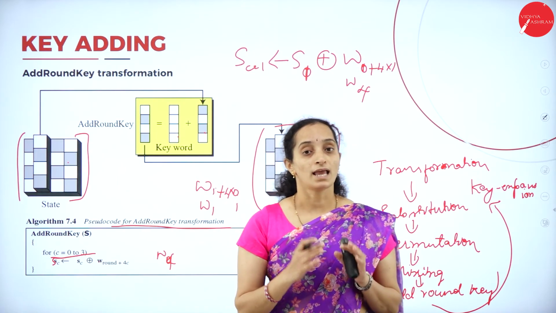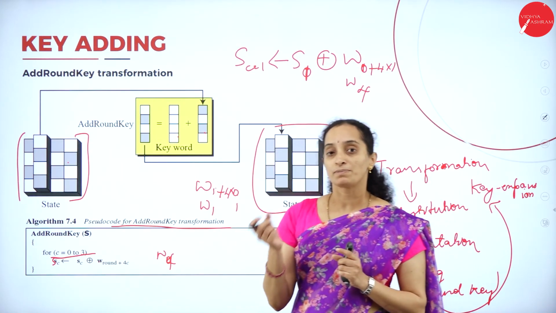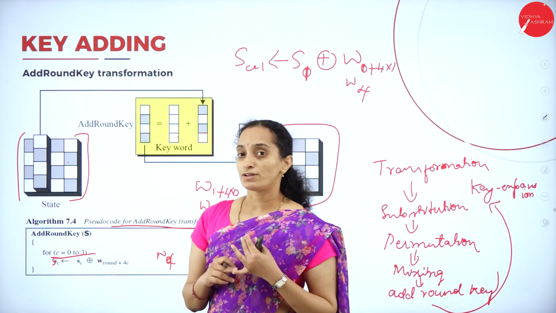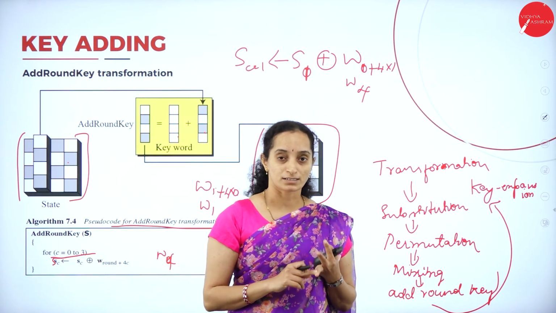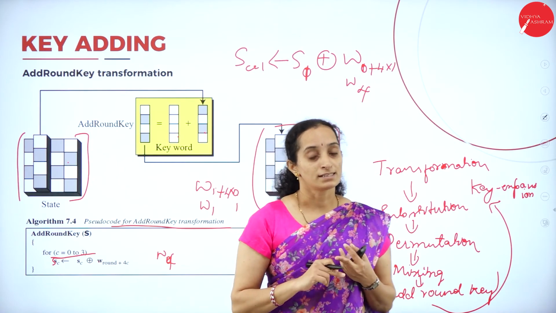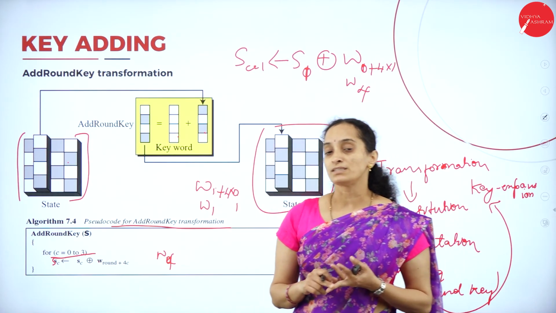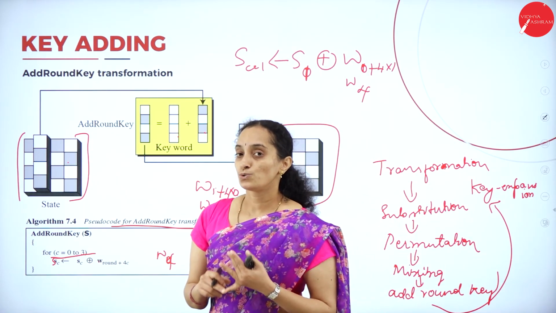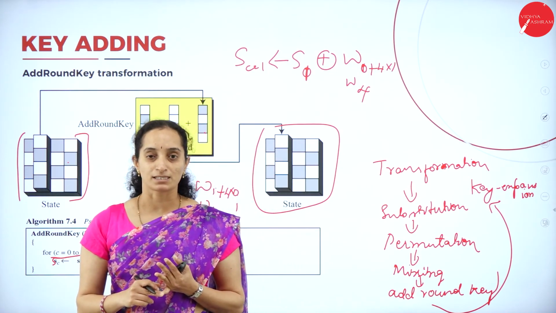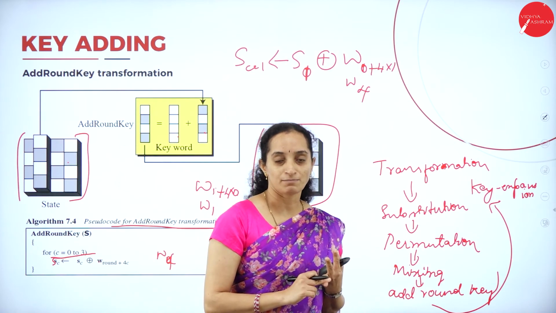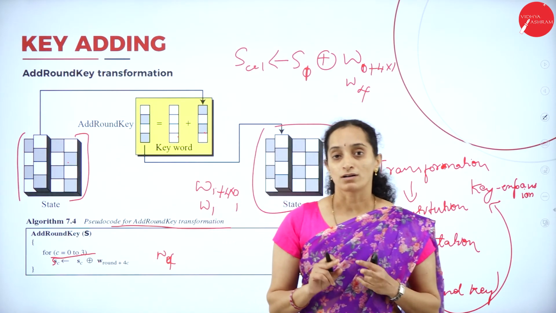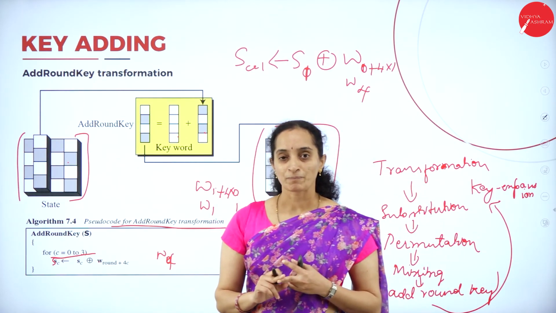In AES, it depends on how many bits you are using, as you know the variants of AES: AES with 128 bits, AES with 192 bits and AES with 256 bits, isn't it? So AES with 128 bits executes 10 rounds.